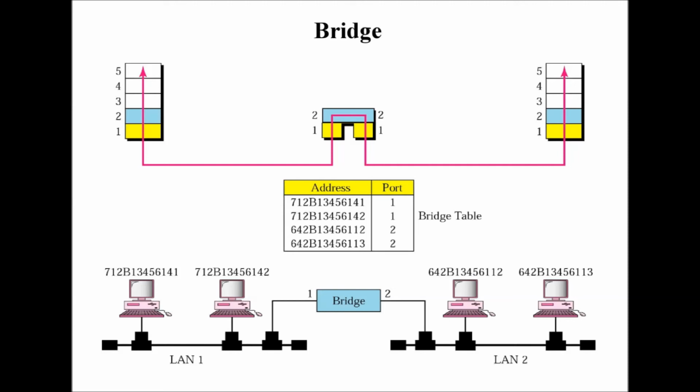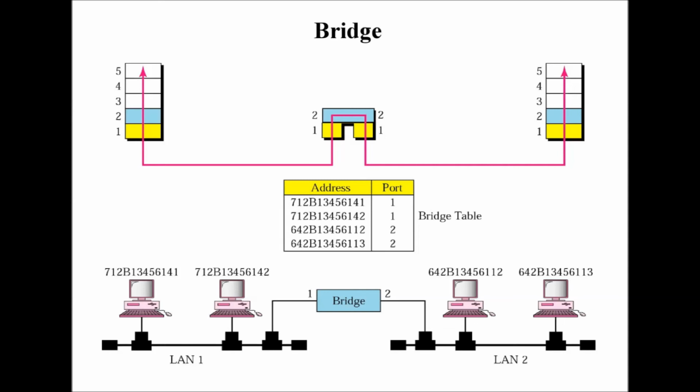These are MAC addresses in the form of hexadecimal numbers, and on the right side you can also see two devices connected to the local area network, along with their MAC addresses. These two local area networks are joined with the help of a centralized device called a bridge. So to join these two similar local area networks, we may use the internetworking device, the bridge.